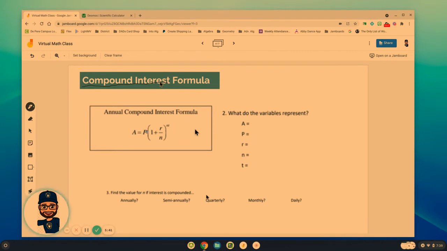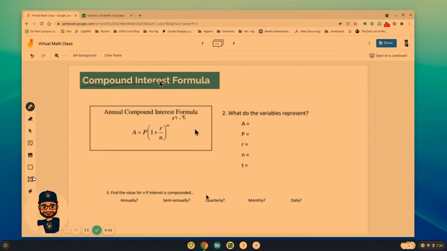So it's a very similar formula where we have A equals P times the parenthesis 1 plus R over N parenthesis. This is N times T up here in case you can't read that. N times T. So the A value equals the amount.